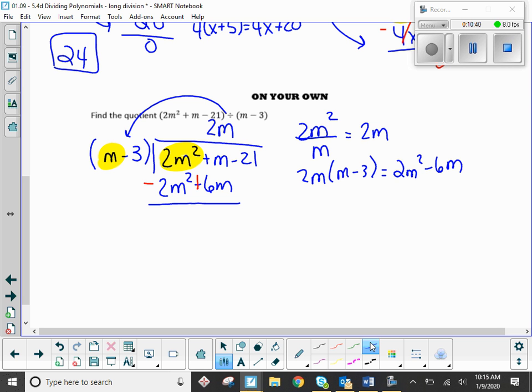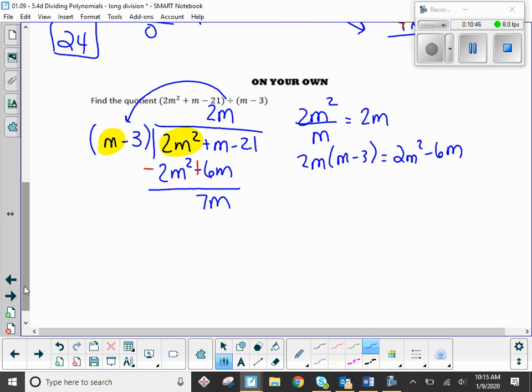So the m squareds cancel, and then I have 1m plus 6m, 7m. Then what? We bring down the negative 21. Good. Bring down the negative 21. And this place is where everything starts all over. So now you use this 7m divided by that m for your next step.